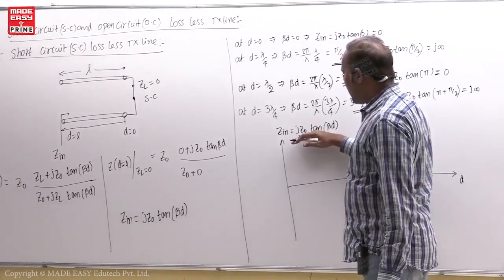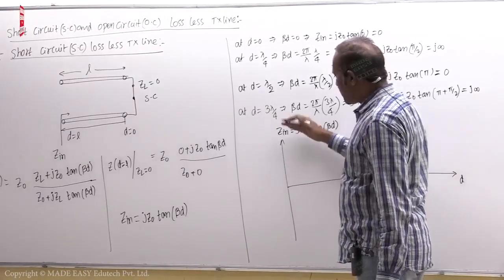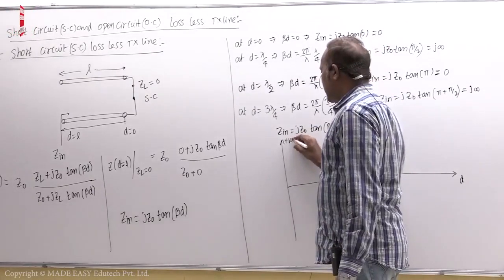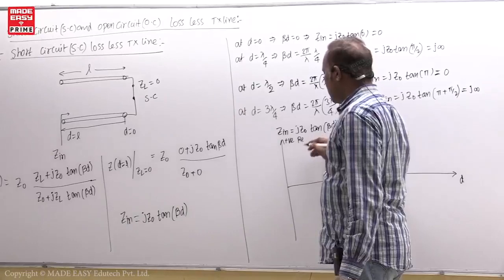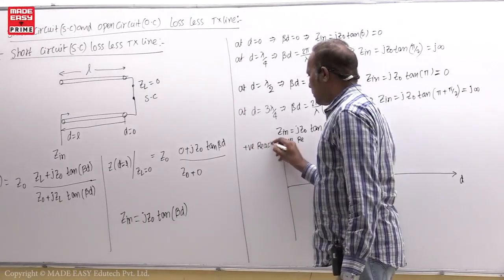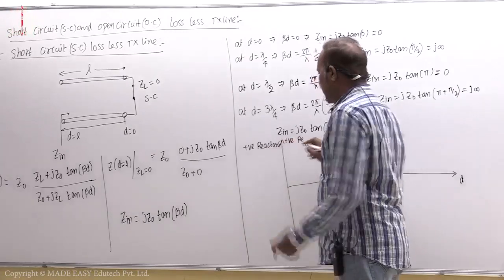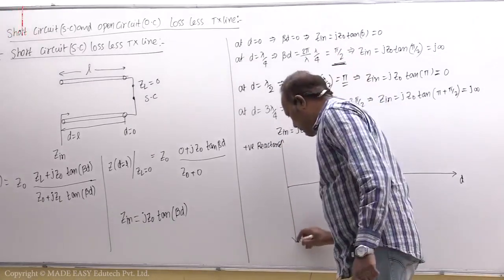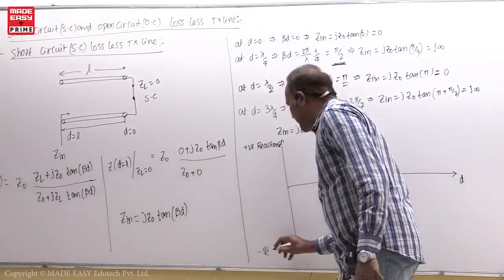The top side is positive reactance, I am taking. I will write here positive reactance, because this side the waveform will come. This is actually negative reactance.